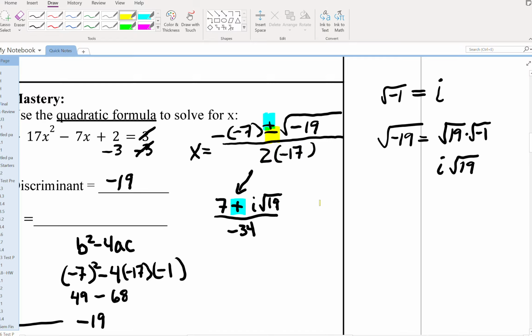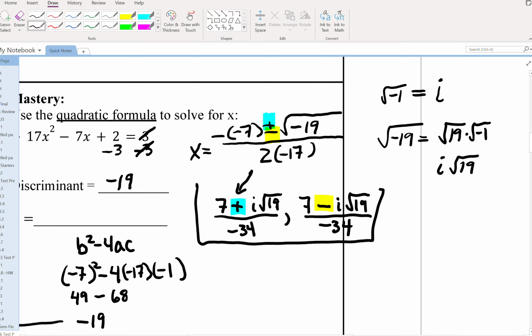So we do the same thing again and just do minus. We've got 7, and we'll separate those with a comma, 7 minus i times the square root of 19, and all of that is over -34. Since we can't simplify this any further, that is our solution.